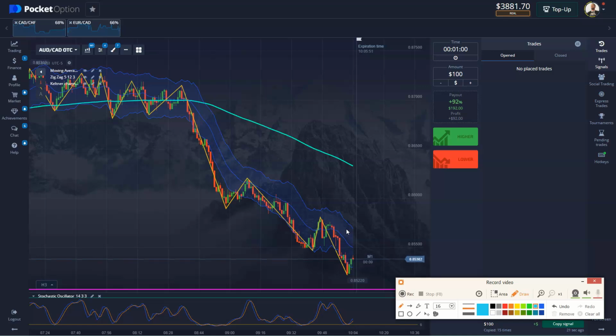Now, let's talk about this Keltner channel, which is this blue shadow right here, all this blue. So I use this to back test. And what do I mean by that? If you see right here, the candles have been sticking below this middle line on the Keltner channel.